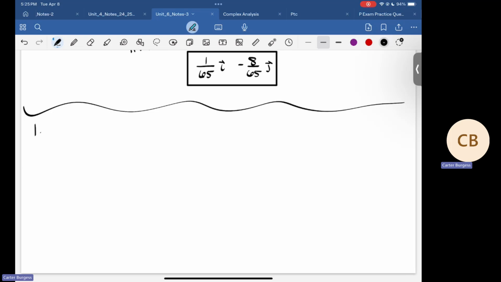We are asked to find, given a particular function, the average rate of change from -2 to 2. So our function here, f of x, is equal to 2x squared plus 4x minus 2. And we want the average rate of change on -2, 2.